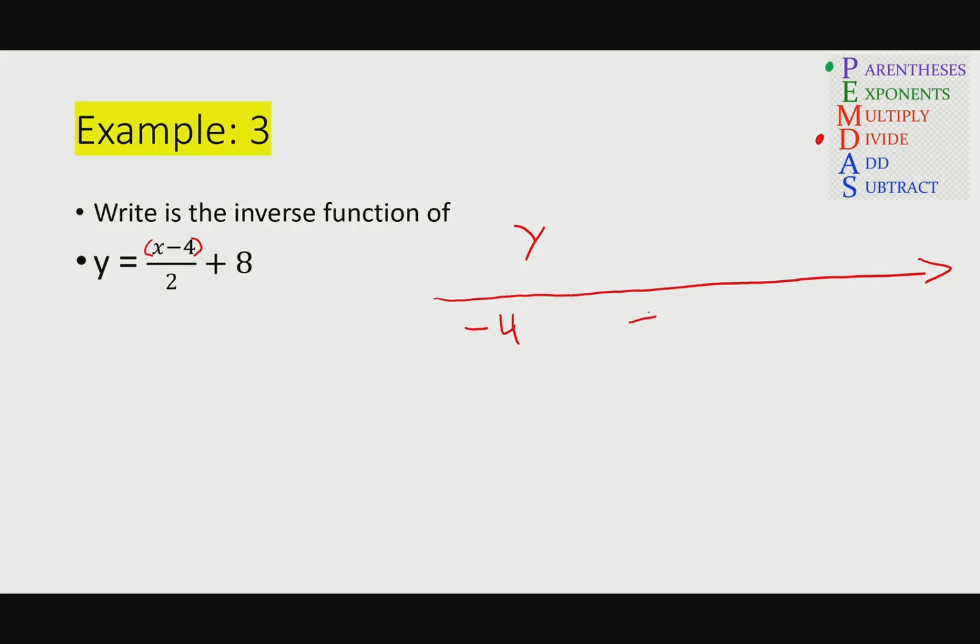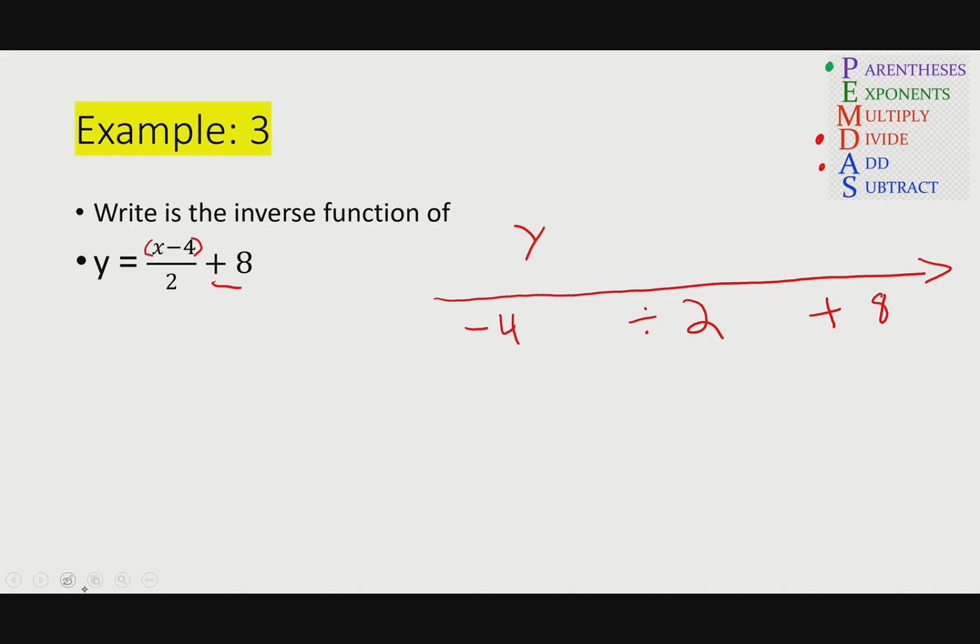So the next thing our function is doing is dividing by 2. And lastly, we have this plus 8 on the end, so our equation would be adding 8 to whatever x minus 4 divided by 2 is. And there we go. So we know what our function is doing: subtracting 4, dividing by 2, and then adding 8 to that.